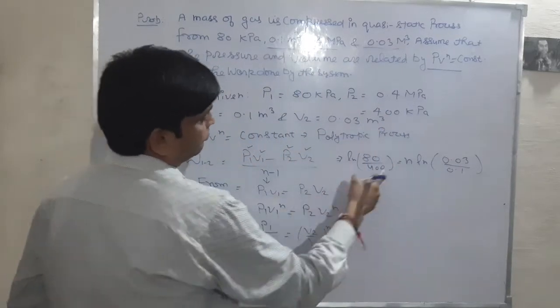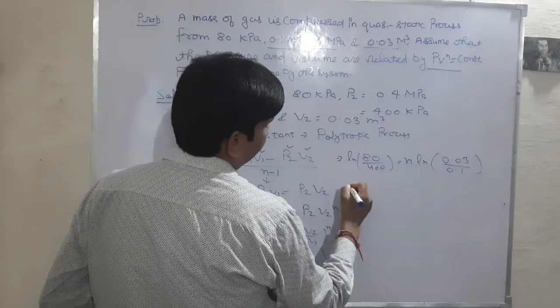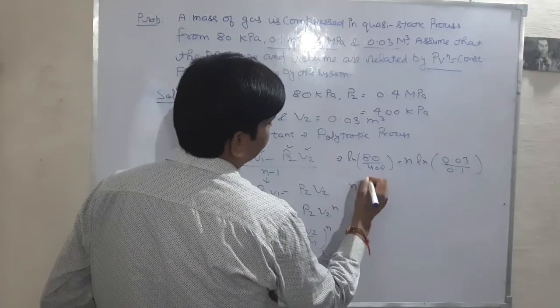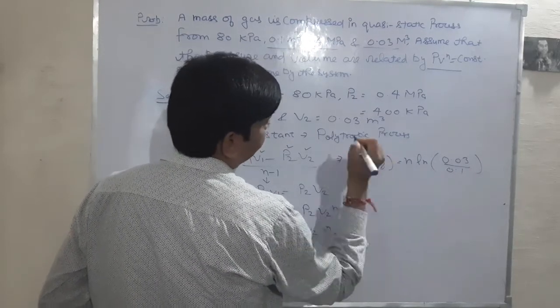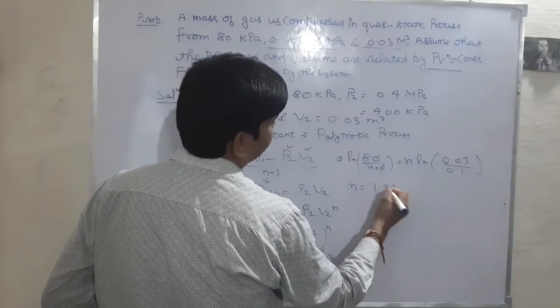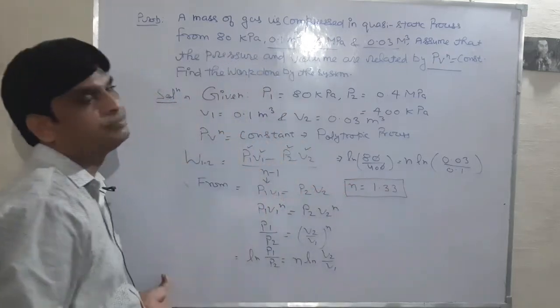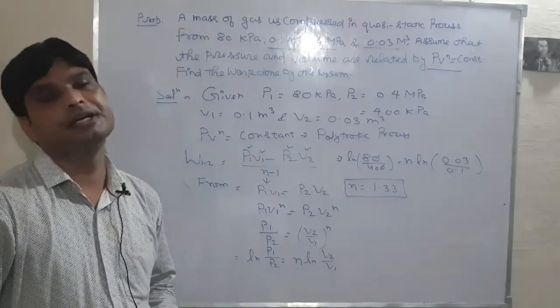From this equation after simplification the value of n will be 1.33. This is the value of the index n.